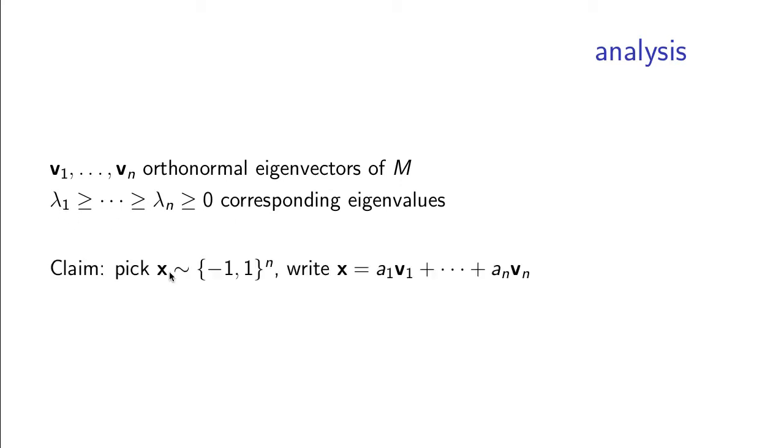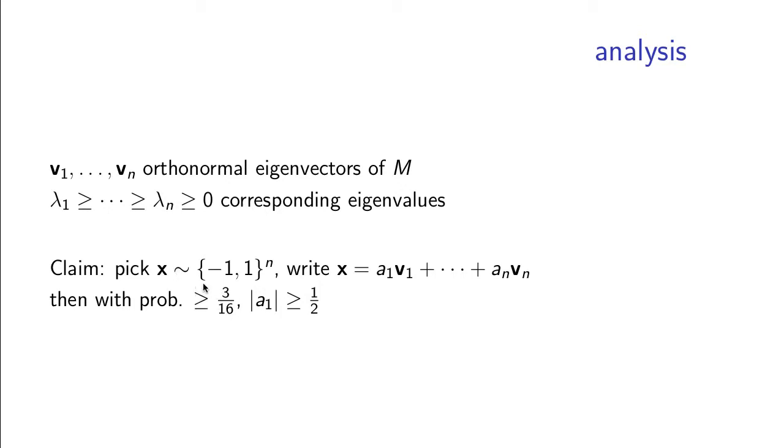Here is the first claim of the analysis: when we pick a random vector, if we then write down, just for the sake of the analysis, the vector as a linear combination of the eigenvectors of M, then the component of the vector that we chose randomly, which is parallel to the eigenvector of lambda 1, is at least a half, with probability at least 3 over 16 over the random choices of x.